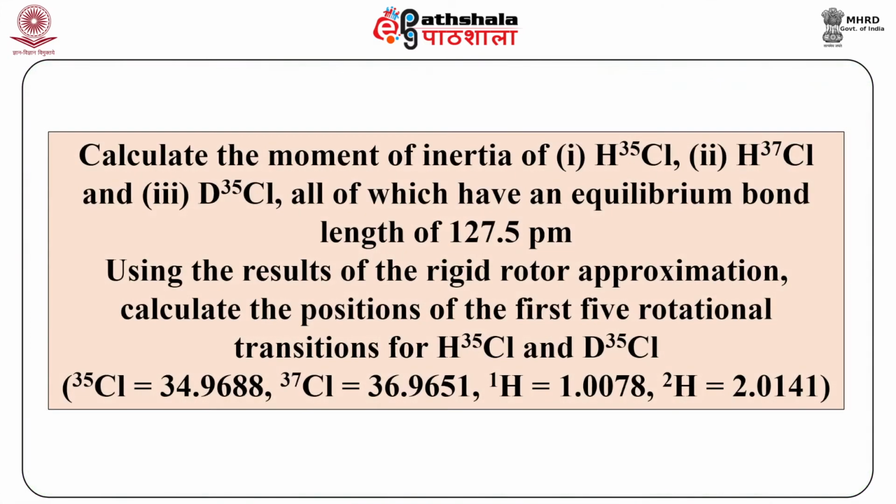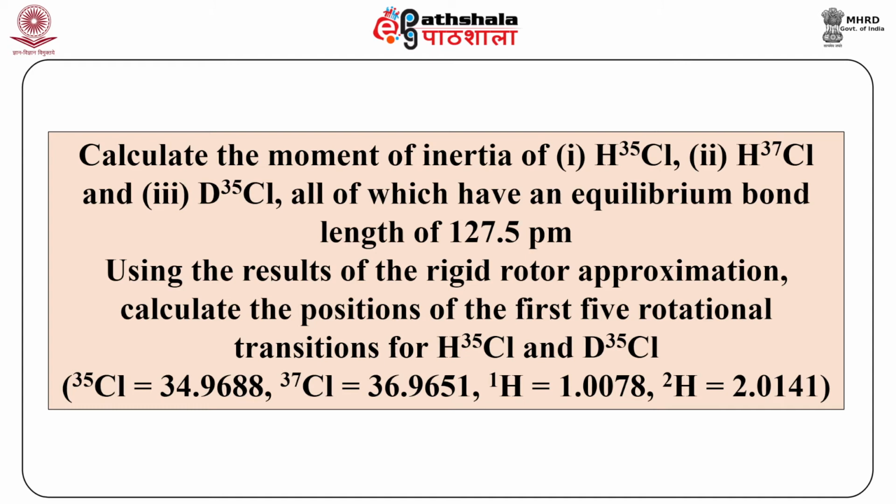Now, let us take another example. We want to find out the moment of inertia of H35Cl, H37Cl and D35Cl, and we assume that all of them have the same equilibrium bond length, 127.5 picometer.